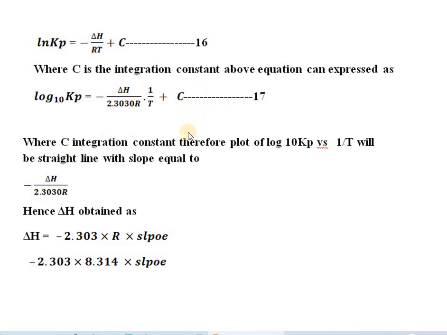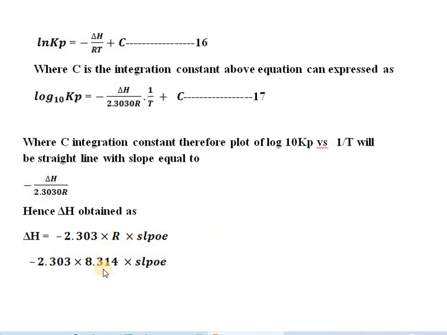C is the integration constant, and therefore the plot of log Kp versus 1 by T will be a straight line with slope equal to minus delta H by 2.303 R. Hence, delta H can be obtained as delta H is equal to minus 2.303 into R, the gas constant, into slope.